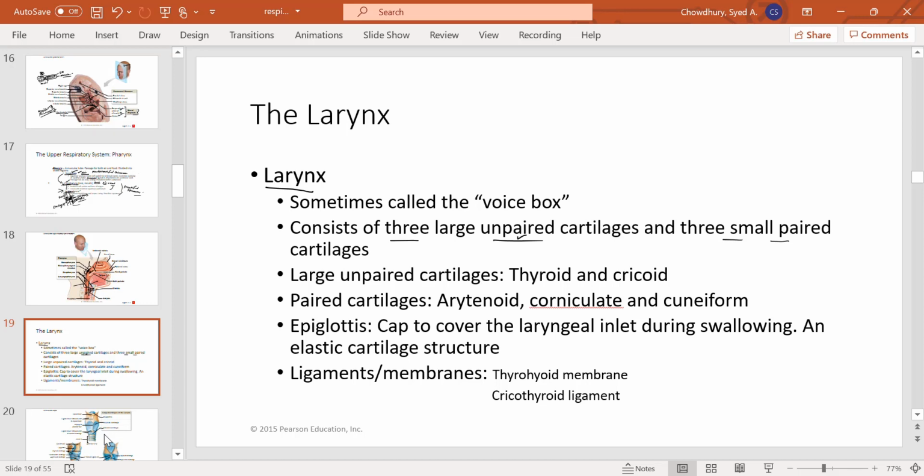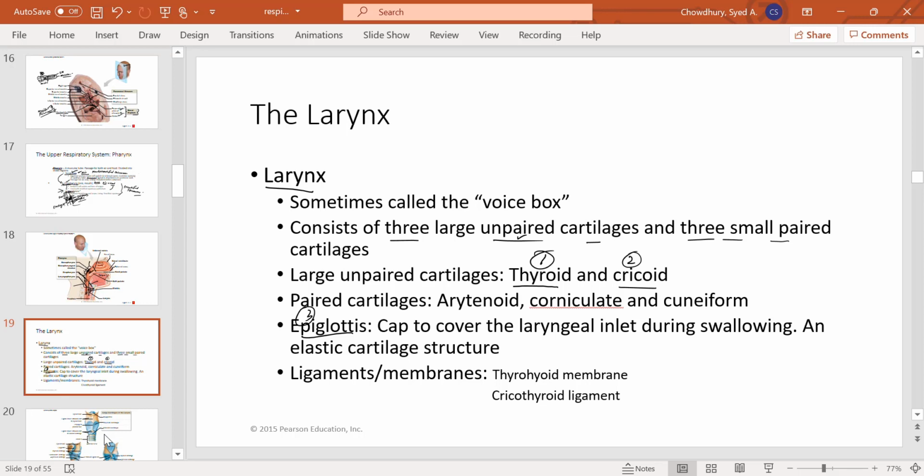So three large unpaired cartilages and three small paired cartilages. Unpaired cartilages are thyroid, cricoid, and epiglottis. So these are three single or unpaired cartilages.